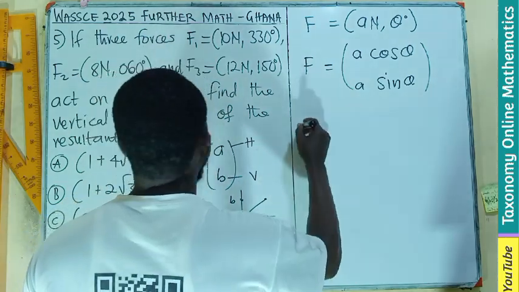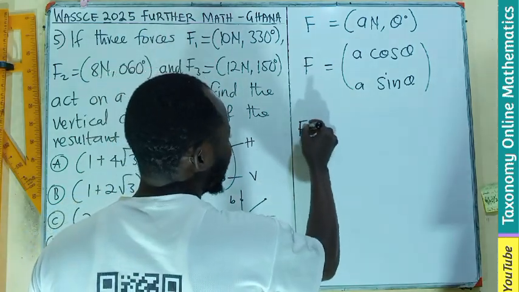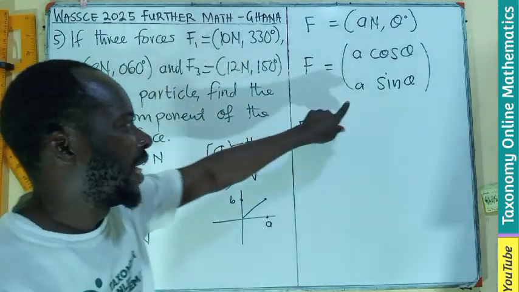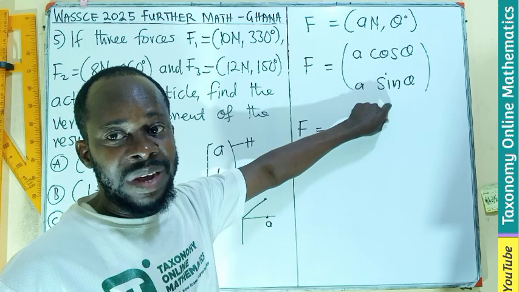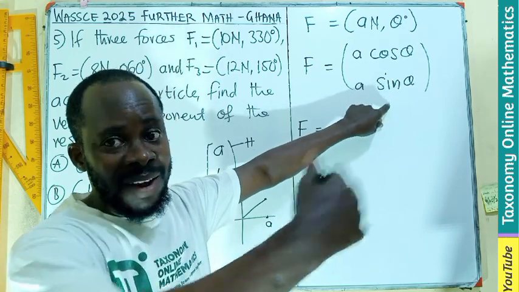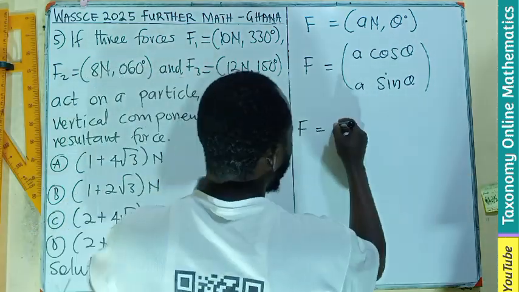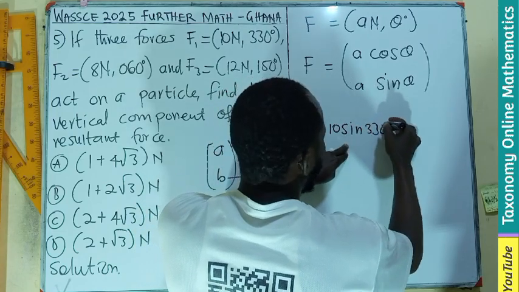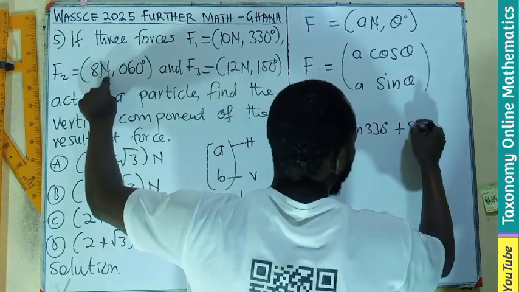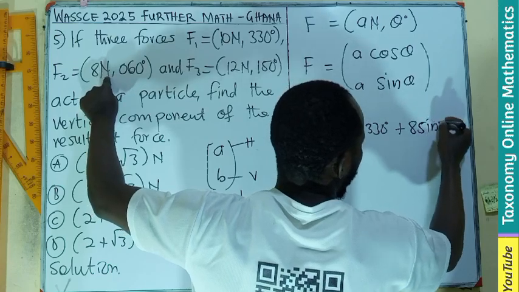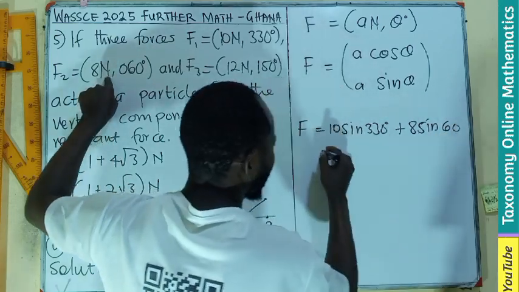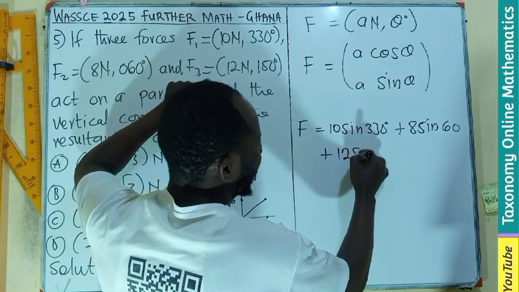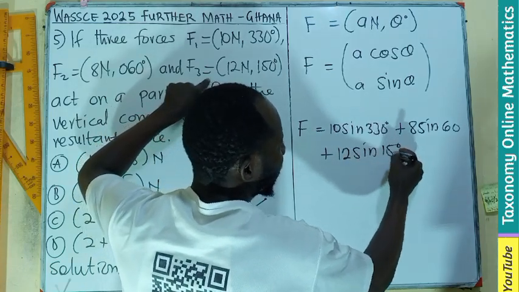So the force I'm looking for will be, in column vector form, and we are only picking the vertical part, 10 sine of the angle 330, plus the second one, 8 sine of the angle 60, plus the third one, 12 sine of the angle 150.